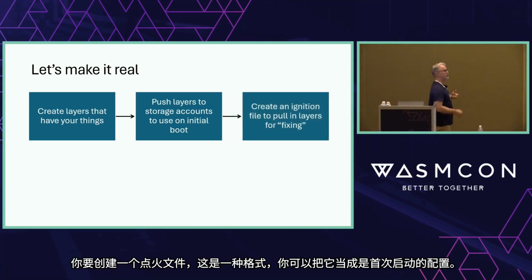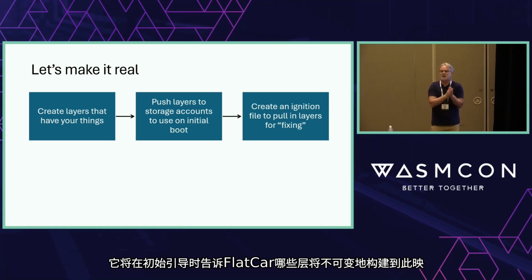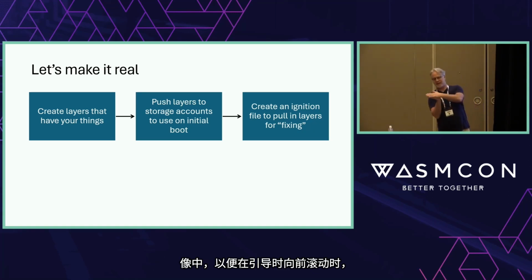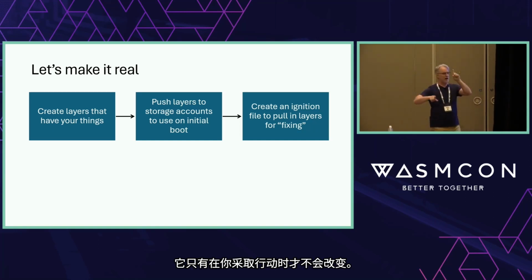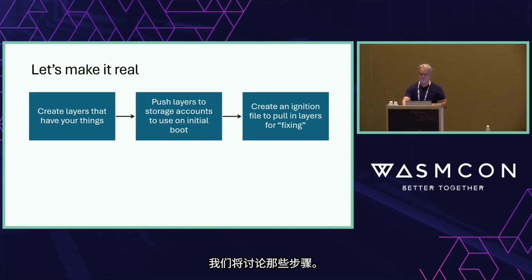How? You're going to create an Ignition file, which is a format; you can think of it as a first boot configuration. And it's going to tell Flatcar on the initial boot which layers are going to be built into this image immutably, so that rolling forward when you boot, you only get those things. And it never changes unless you take steps. And we're going to talk about those steps.